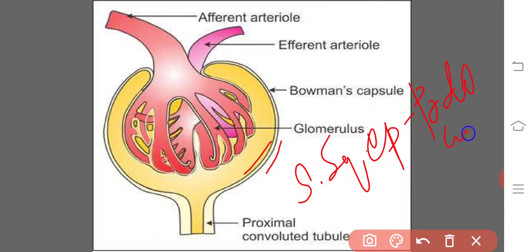Very important from the examination point of view, and also in order to understand the ultrafiltration at the Malpighian body. It is made up of simple squamous epithelium cells known as the podocytes.